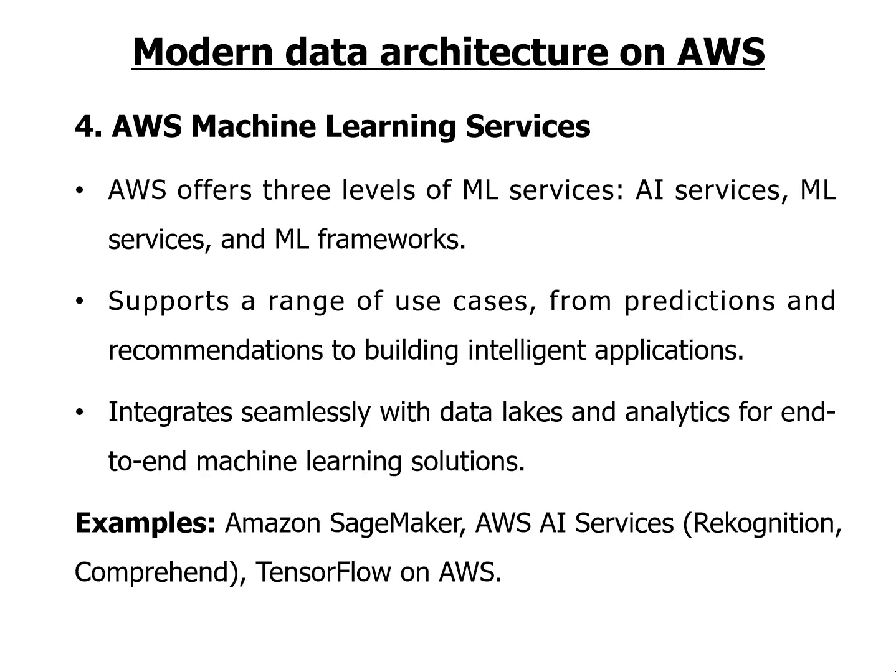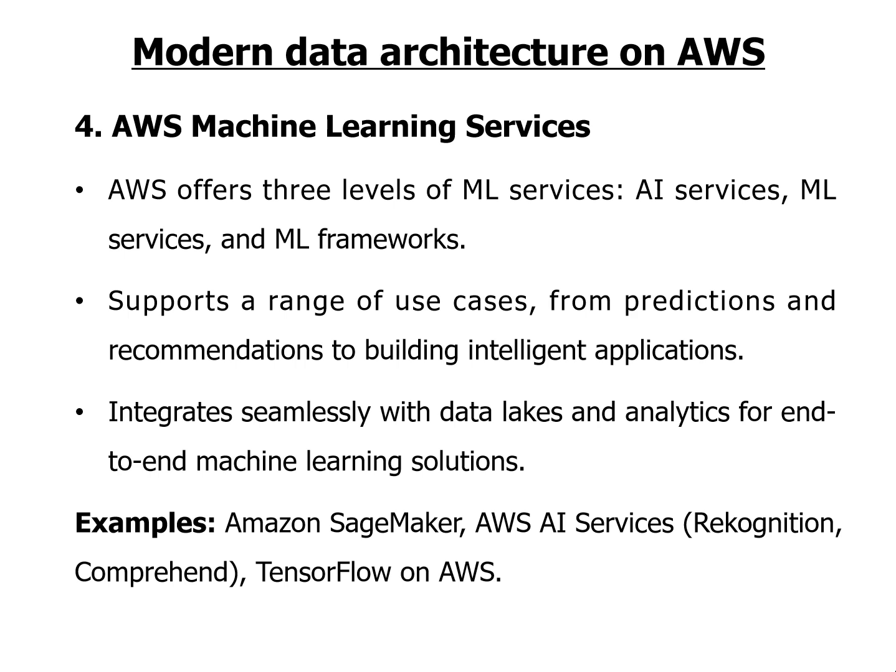The fourth one is AWS ML services, that is machine learning services. There are three levels of machine learning services. One is AI services, another one is ML services, and ML frameworks. AI service is artificial intelligence, then machine learning, and machine learning frameworks. Also, machine learning services support a wide range of use cases from prediction and recommendation to building intelligent applications. So based on your application, you can choose the Amazon machine learning services, either prediction or recommendation.